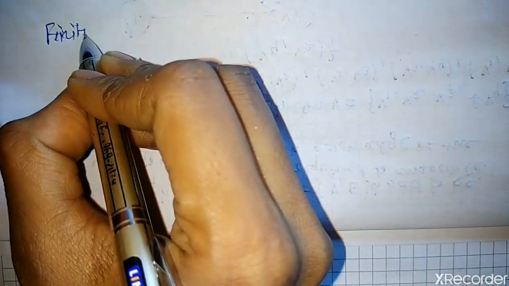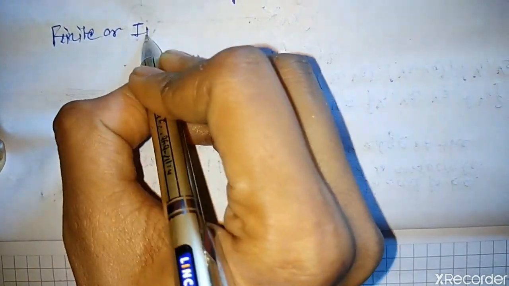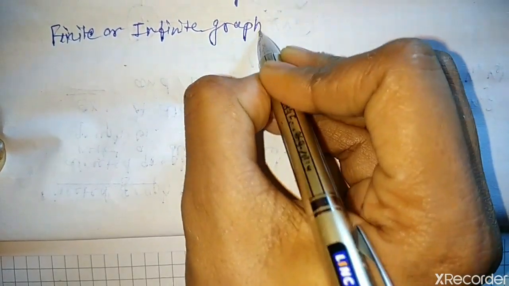Next is the finite or infinite graph. So what is a finite or infinite graph?